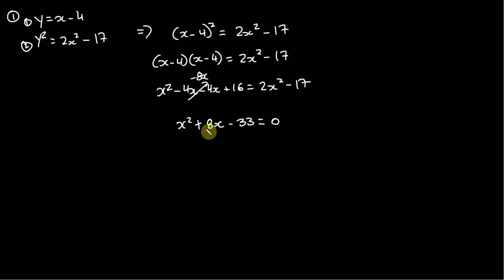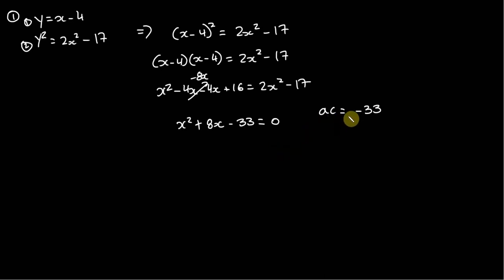So we're left with a fairly healthy quadratic. It looks a little bit awkward, but should be okay to factorize. We just need to solve for x, find our two values for x, and we can substitute them back into equation 1 and get our corresponding y values. So we need to find AC first in order to continue the process of factorization. A is 1, c is negative 33, so AC is negative 33.